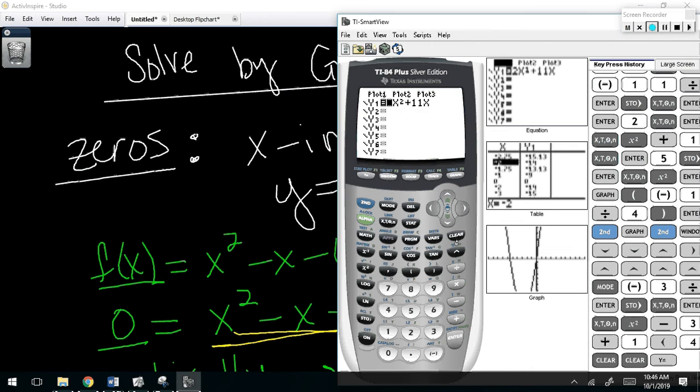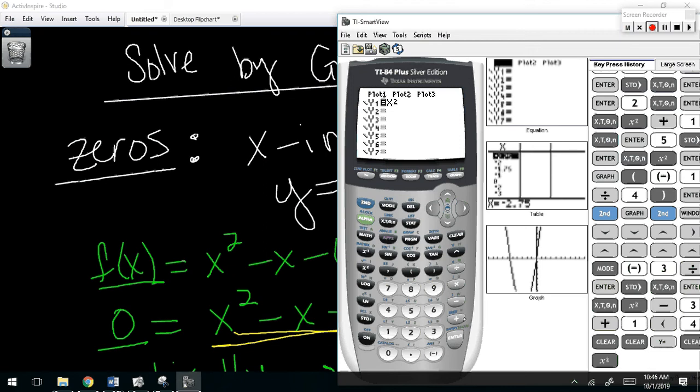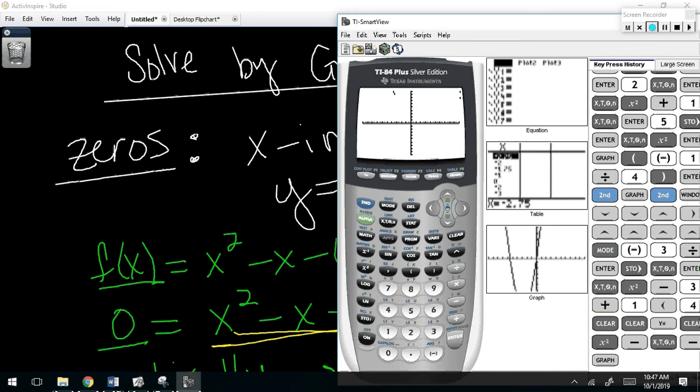All right, I have x squared minus x minus 6, okay? When does this equal 0? So I'm going to look at the graph and I'm going to calculate the zeros. Remember, we've already done this.